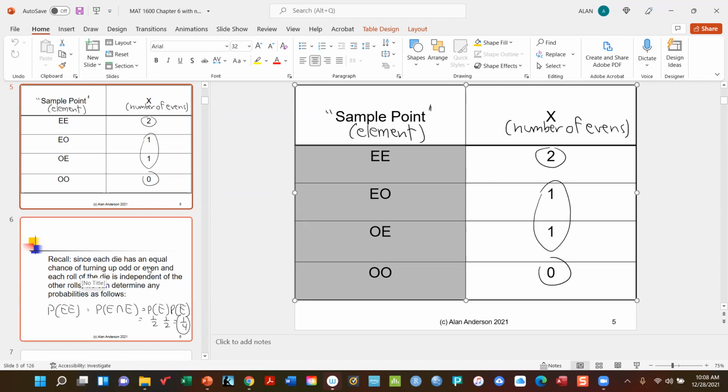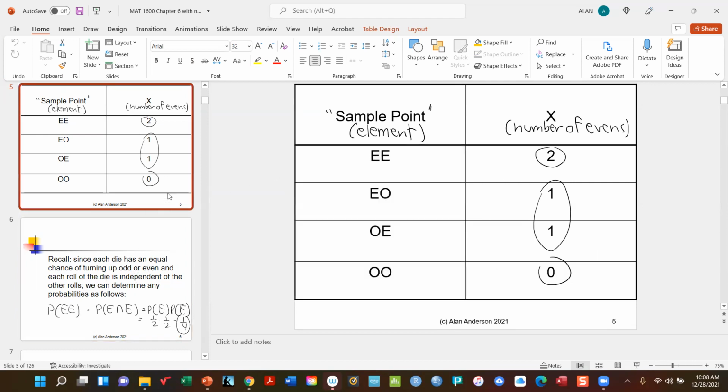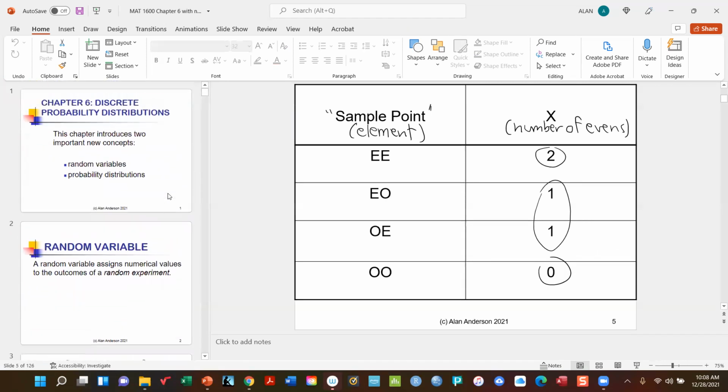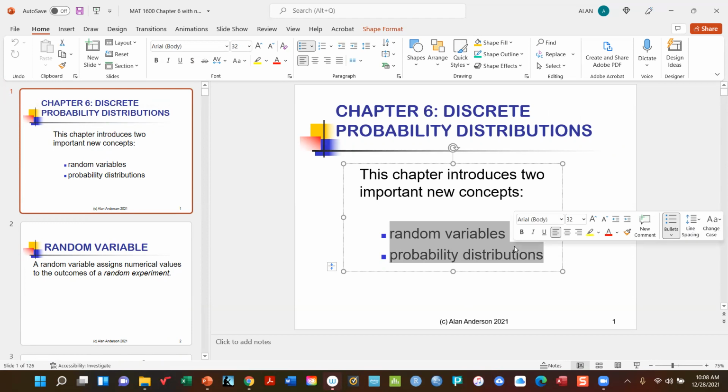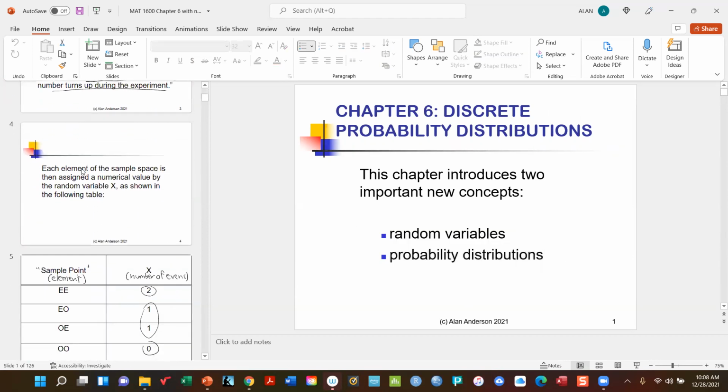Anyway, the next step after defining X is to calculate probabilities for X. By doing so, we are creating something called a probability distribution. The probability distribution takes all the values of X and assigns them probabilities. So basically, this is a 2-step process.